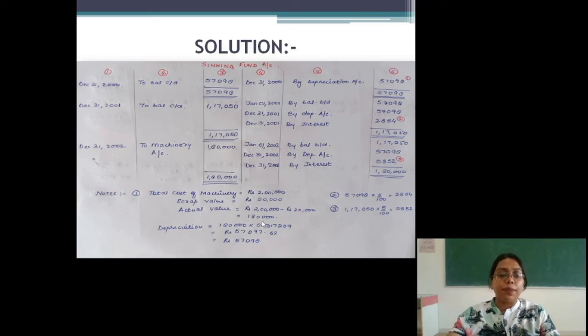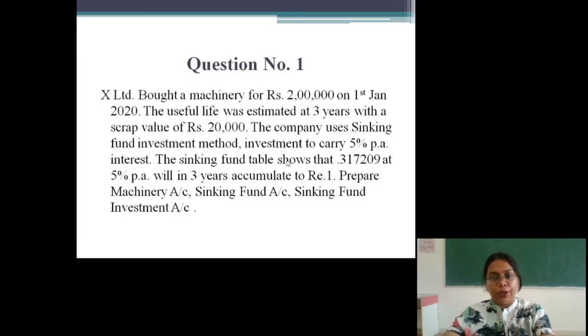In the question it is mentioned that the sinking fund table shows that 0.317209 at 5% will accumulate to rupees 1.